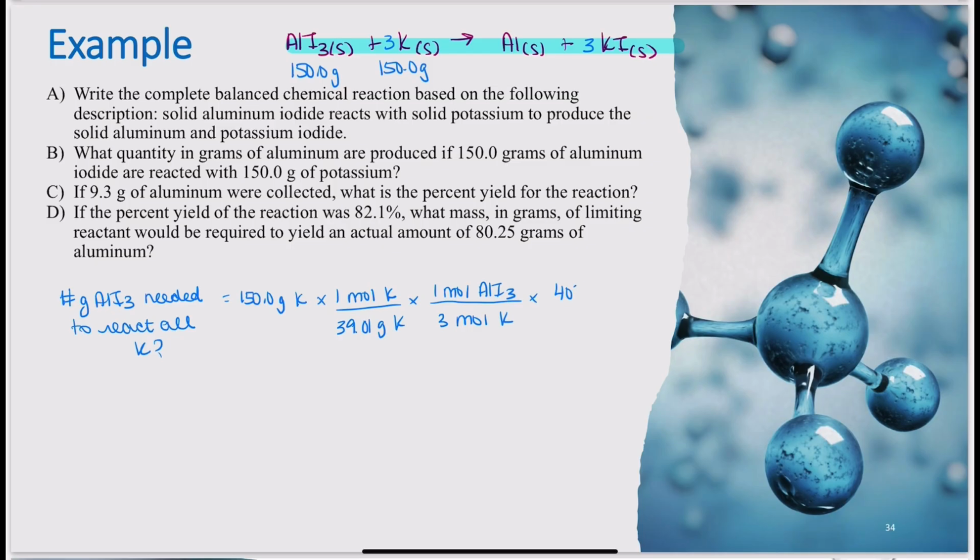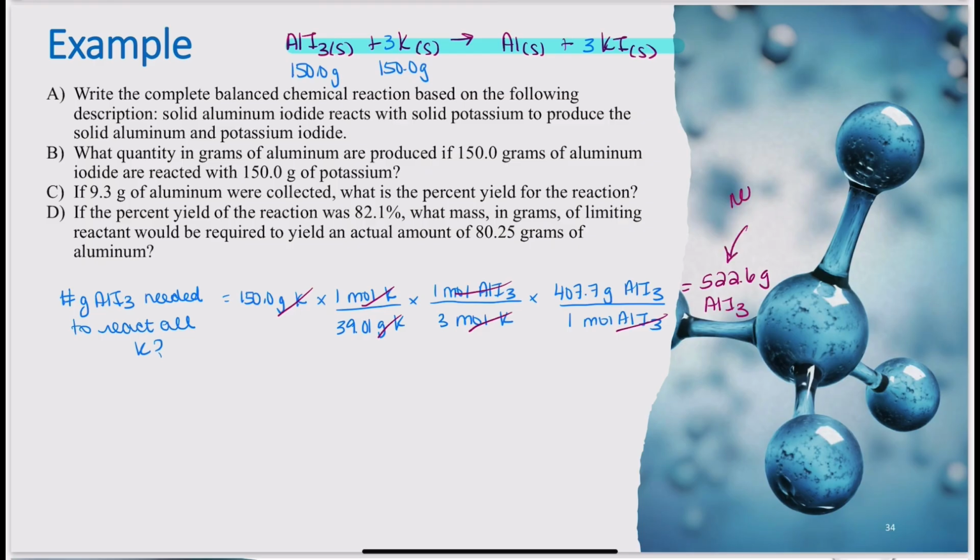Convert that to grams. 407.7 grams of AlI3 is 1 mole of AlI3. So grams potassium, moles potassium, moles aluminum iodide. Calculate this out, and I get an answer of 522.6 grams of AlI3.